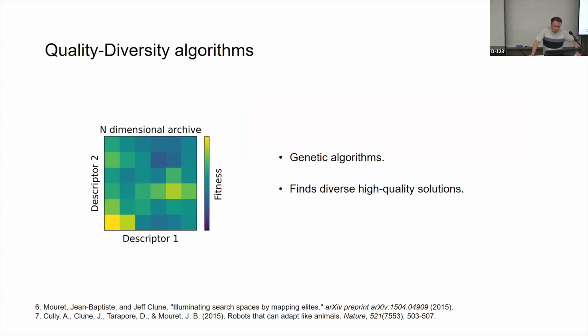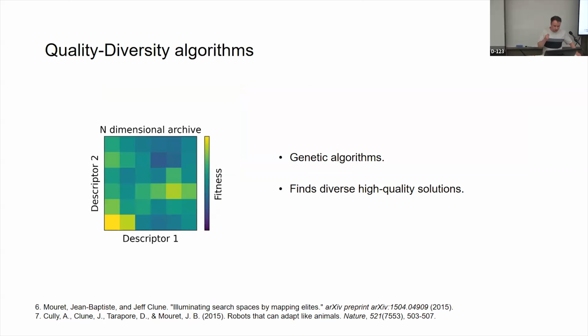To do so, I propose to use a kind of algorithm called quality diversity algorithms. Quality diversity algorithms are a kind of genetic algorithm. However, traditional genetic algorithms try to optimize a single optimal solution.